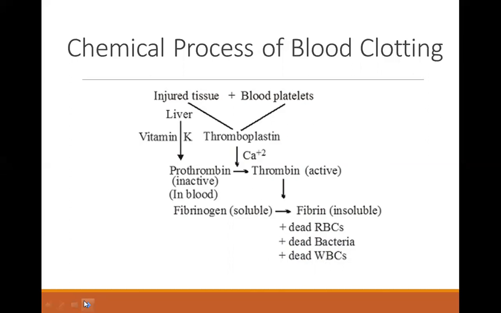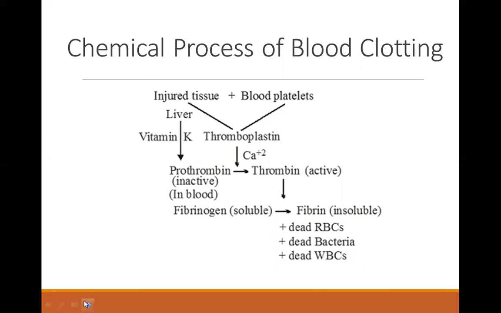Our liver will produce vitamin K, and vitamin K is essential to produce most of the important clotting factors to form the blood clot.